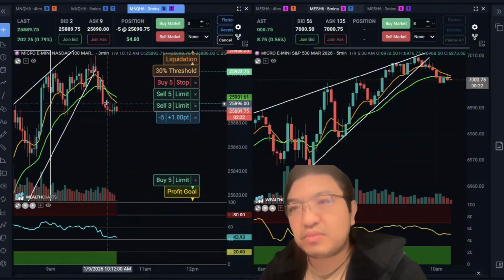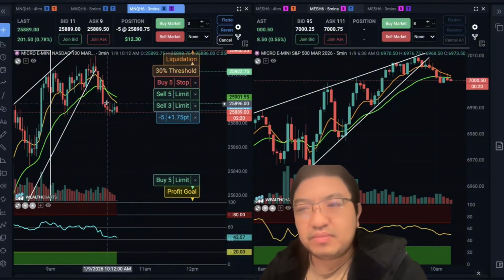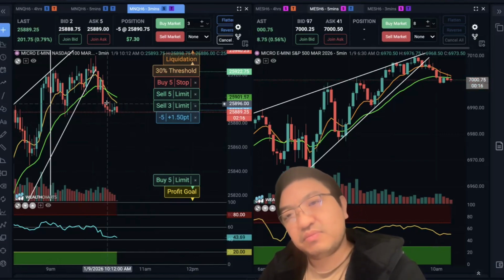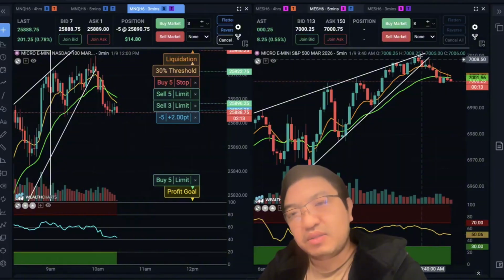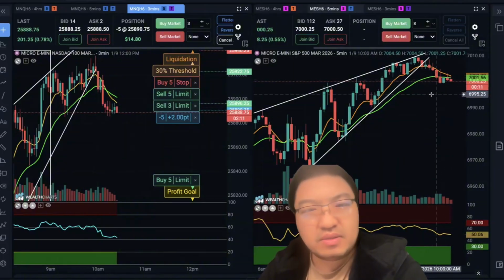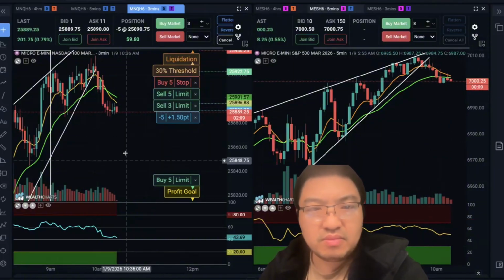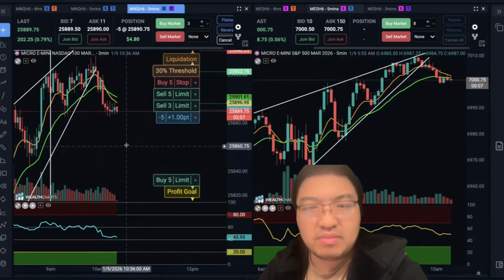Look at yes. 1 more minute. Still sideways. But it does not break this trend line. So that means something, some symptom.